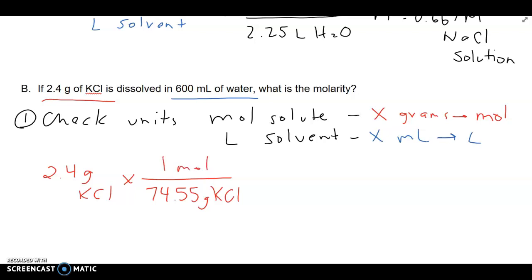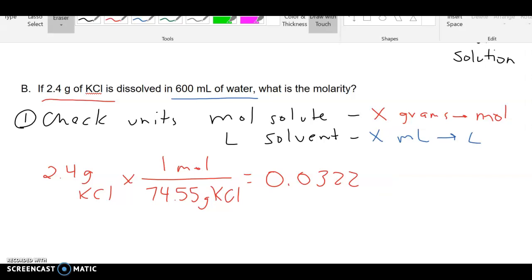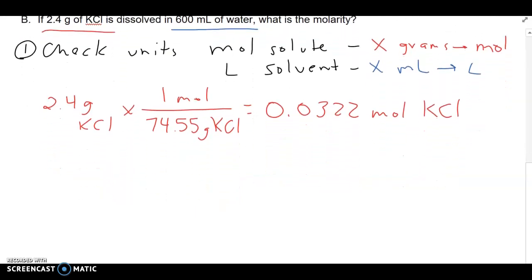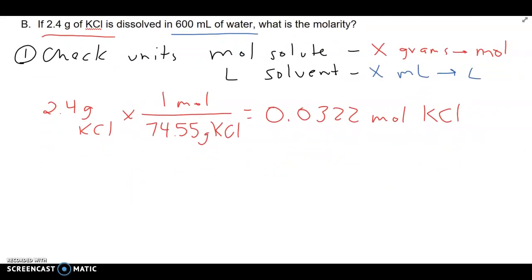This is 1 mole on the top of KCl. So when I do my division, I come up with 0.0322 moles of KCl. Okay, so now I have that in the proper units, because I need to have my solute in moles.